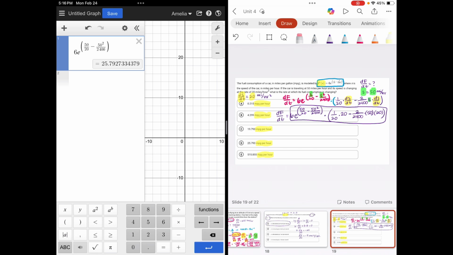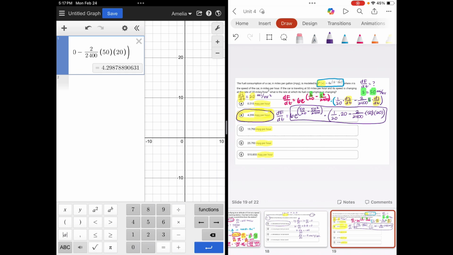Then I'm going to come down and multiply and have a parentheses here, and I'll do 1 over 20 times 20, minus 2 over 2400 times 50, times 20. All right, and you'll see I get 4.2987, which will be 4.299. So right here, the solution will be B.